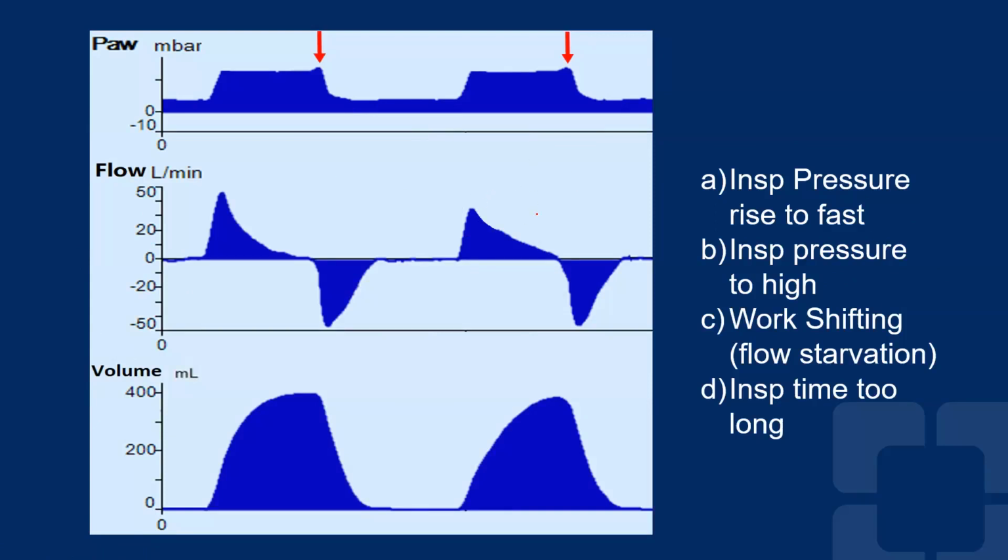And so the last option is that the inspiratory time is too long. It could be, because you see that little peak at the end. This is what you would expect, but I would highlight that this can also be relaxation of the muscles or simply an artifact from the ventilator.